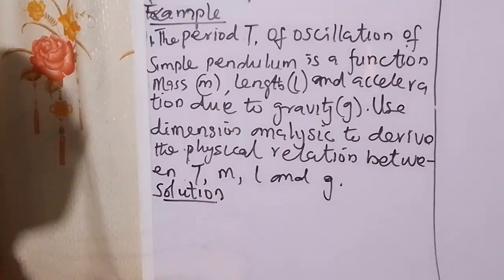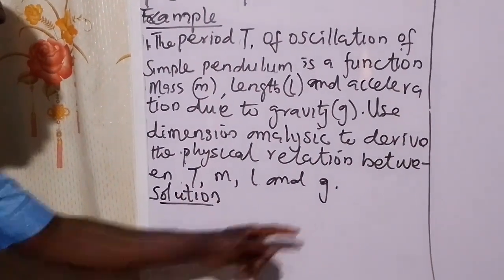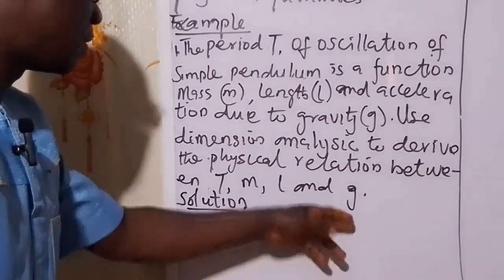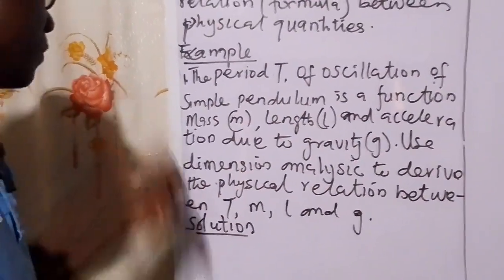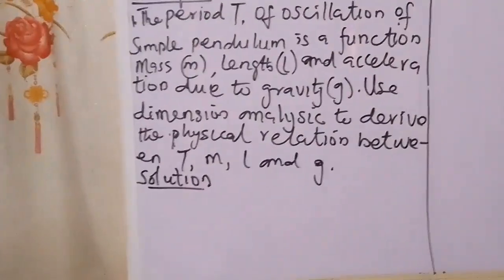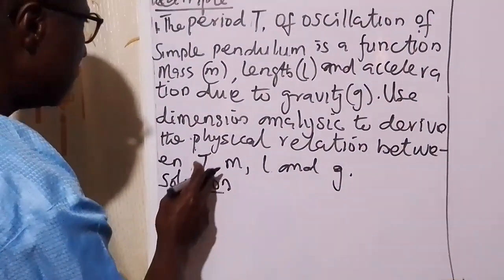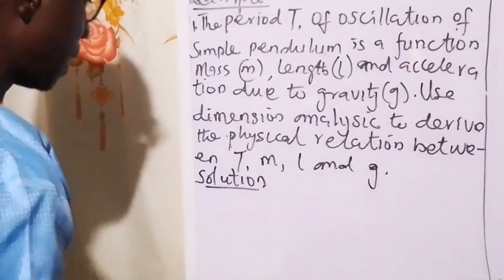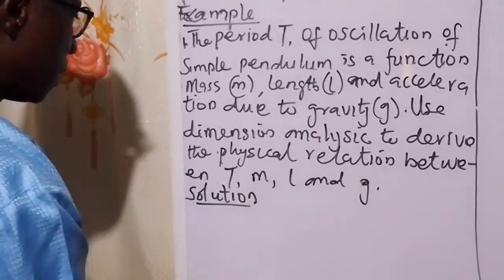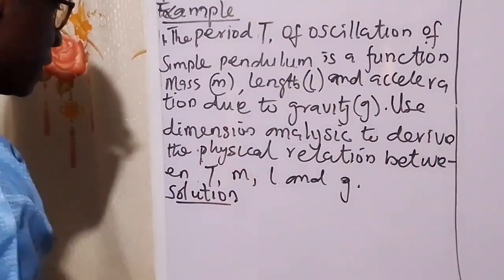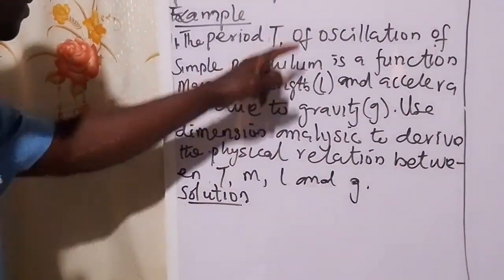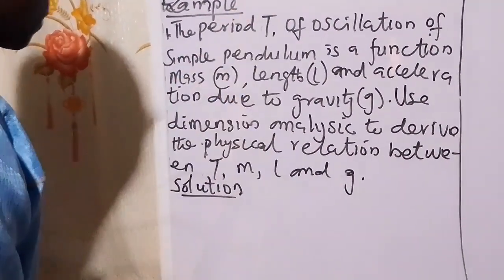Because what we are going to look at today is the continuation of what we have done in the previous lesson. So let's continue. So you can now say the quantities present are 1, 2, 3, 4 quantities. That is period, mass, length, and acceleration due to gravity. And according to the question, T is a function of all the others.